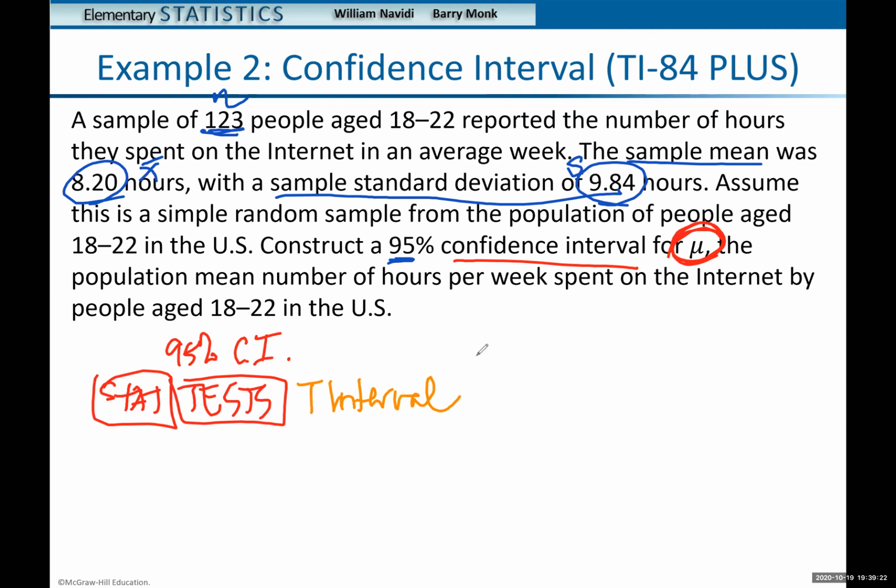And this time highlight Stats because you have those data. The mean given is 8.2. Sx, that is your sample standard deviation, 9.84. n is 123. C-level, or confidence level, is 95%.